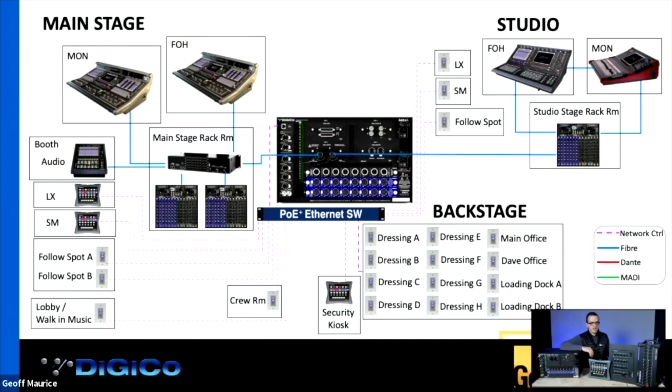So you'll notice there's a Control 1 in each of the dressing rooms for overall level control, but this can be overridden by the security kiosk. As well, he has the ability to modify and adjust what sources are going to each of these locations as well. So that's kind of a neat option there.